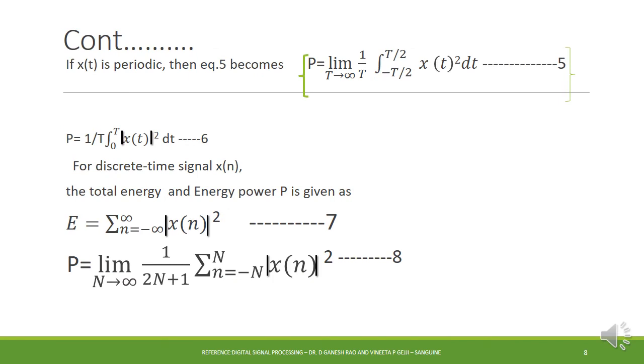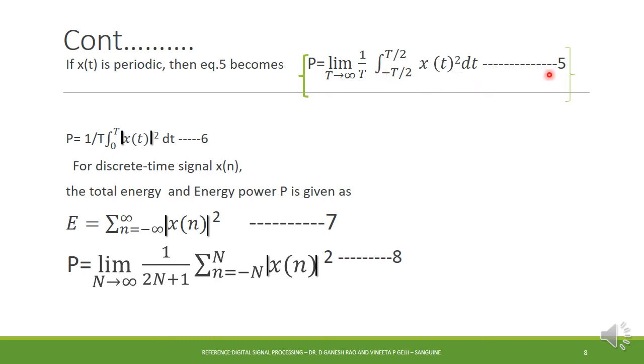Next, if x of t is periodic, then equation 5 becomes, for your reference, I have taken equation number 5 here. P is equal to the limit as T tends to infinity of 1 by T, the integral from minus T by 2 to plus T by 2 of modulus x of t square.